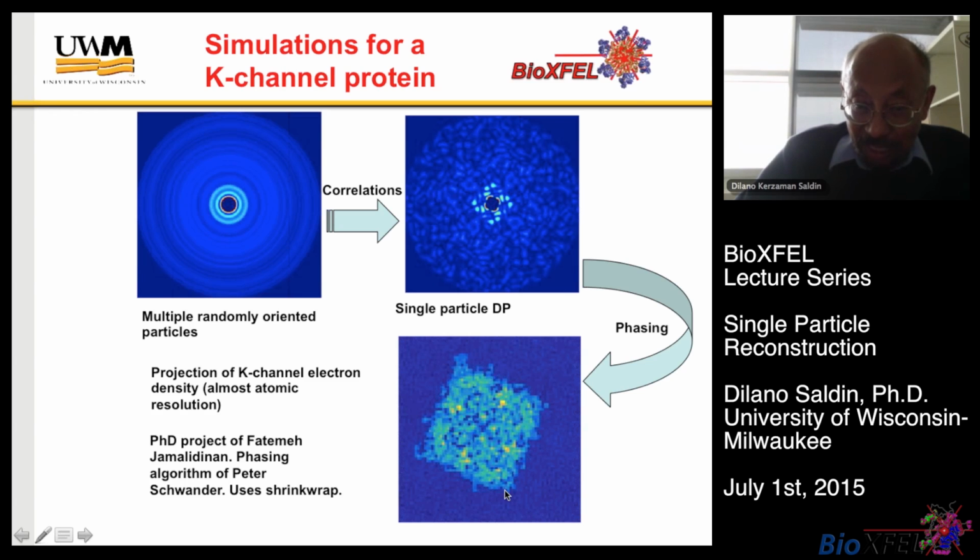This is supposed to be the projection of a potassium channel protein found from these randomly oriented patterns, and you see that this protein has these levers, which are believed to be almost of atomic dimensions, and cause the opening and the closing of the pore.